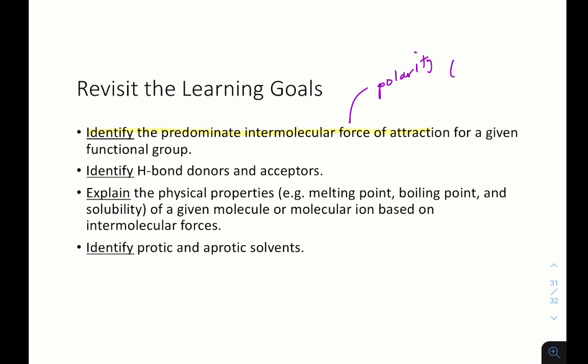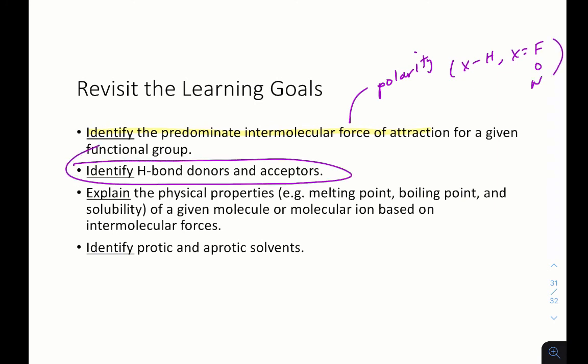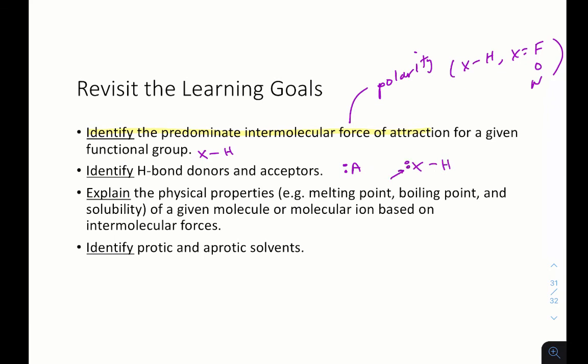And then, of course, we have to check for a polar XH bond, where X equals fluorine, oxygen, or nitrogen. You can identify hydrogen bond donors and acceptors. The donor is that polar XH bond, and then the acceptor is a lone pair, which either from a different molecule, or if we're thinking about just molecules of XH, then it's a lone pair on X.